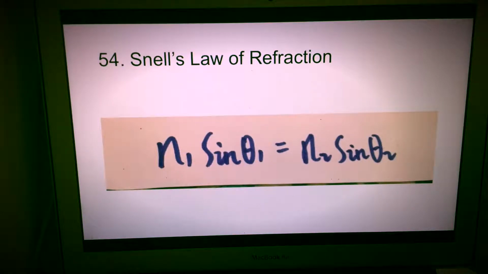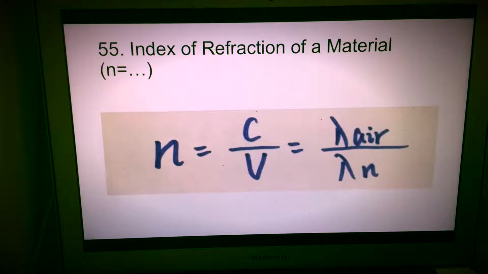54. Snell's law of refraction. n1 times sine theta1 equals n2 times sine theta2. This is for refraction. 55.